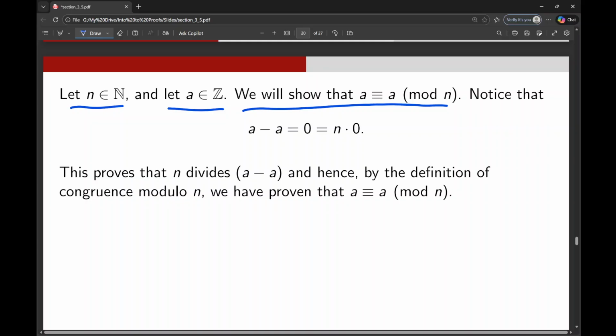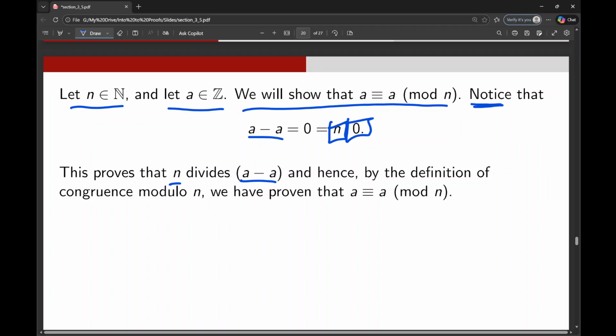I want to show that n divides a minus a. Hey, notice that a minus a is equal to 0, and 0 is equal to n times 0. Notice is a good word to use when you're proving something that seems trivial but might not be. So that proves that n divides a minus a, because a minus a is equal to n times a thing.